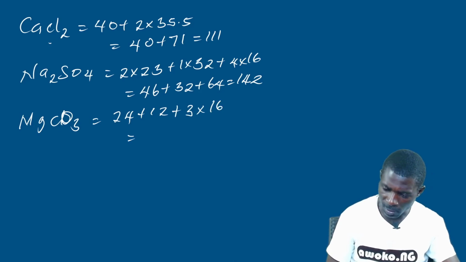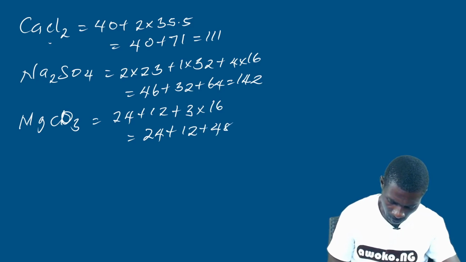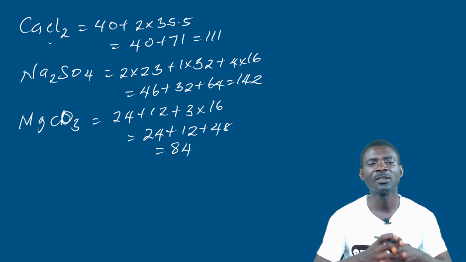Of course, this will give us 24 plus 12 plus 48. So summing this together will give us 84. So this is the relative molecular mass of magnesium trioxocarbonate 4.